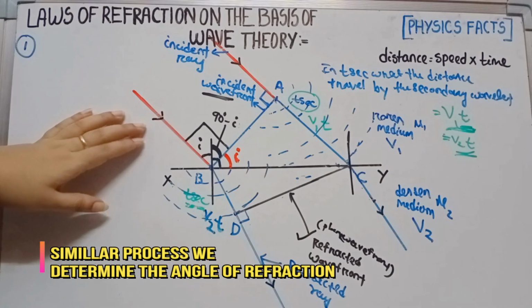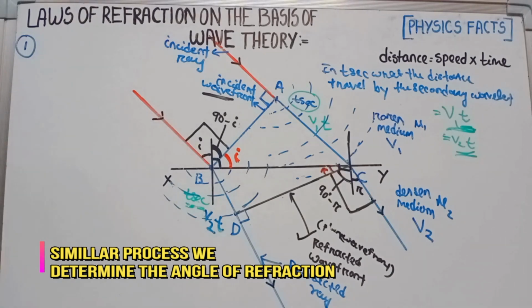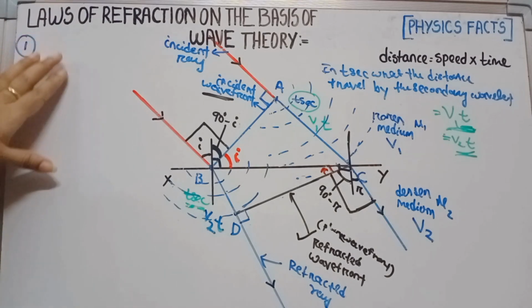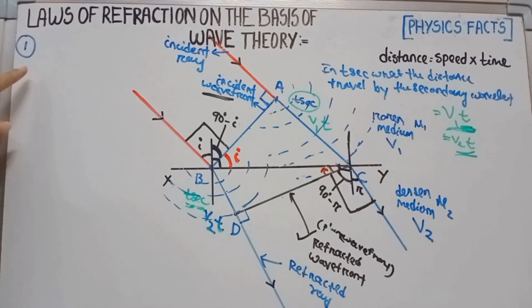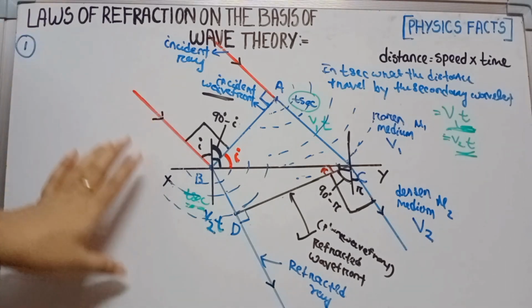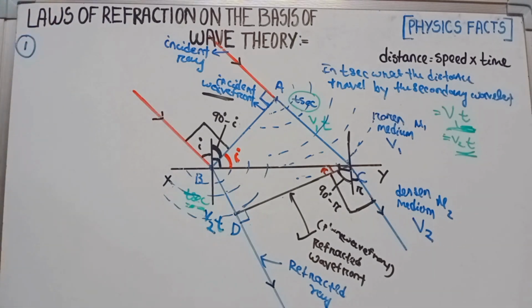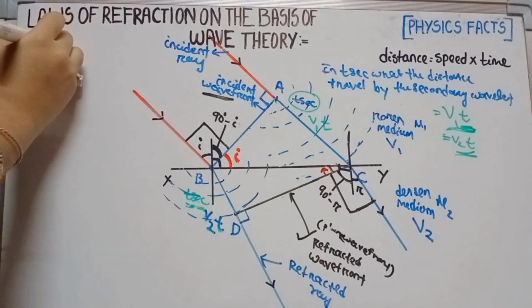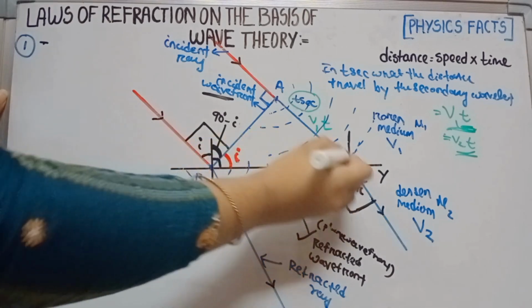Understood? Here, children, we have to derive Snell's law from this concept. So, how do we derive Snell's law from this concept? First, we take triangle ABC.